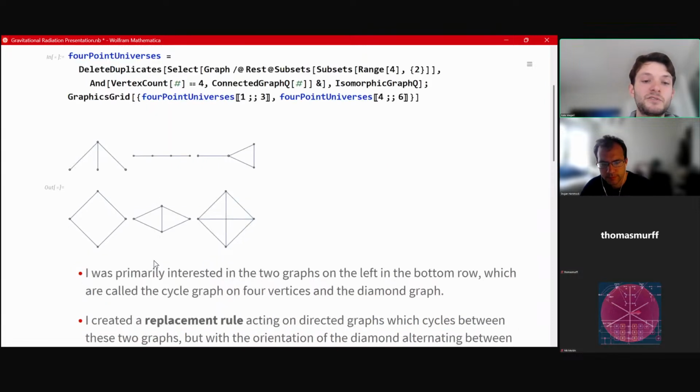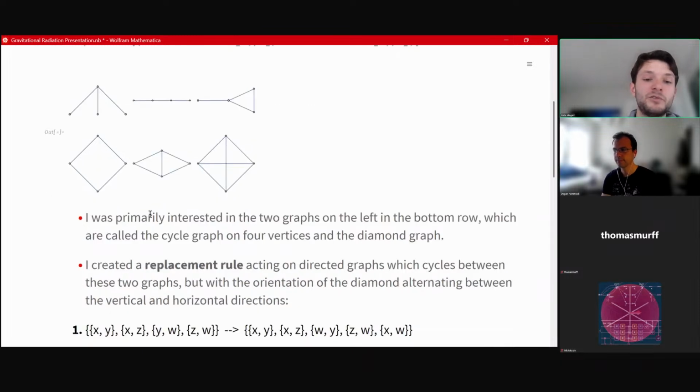So I chose these 2 in the bottom left here. This is the cycle graph on 4 vertices, and this one's called the diamond graph. For the moment, I was just interested in this 2-dimensional slice of the system, and I created a replacement rule where we could oscillate back and forth between these 2 states.